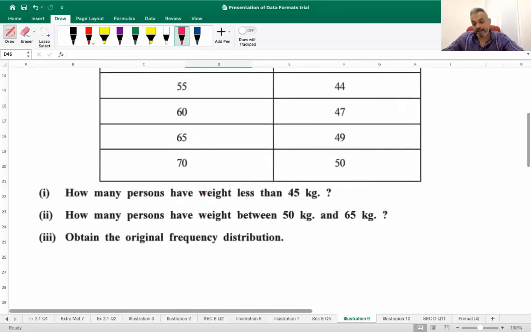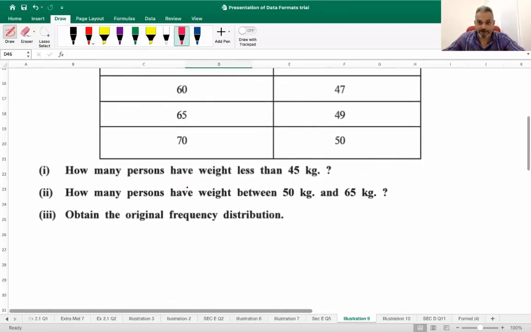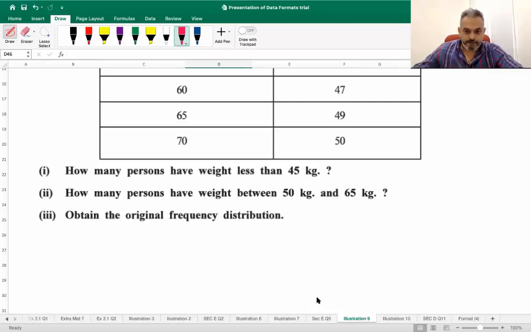Now there are 3 questions in this question. First question is, how many persons have weight less than 45?